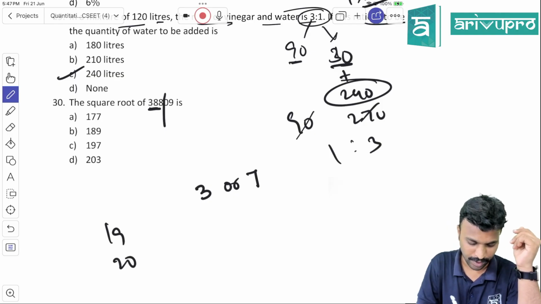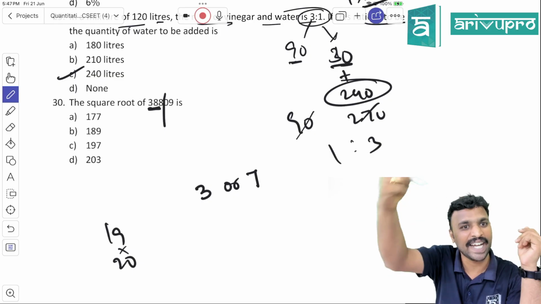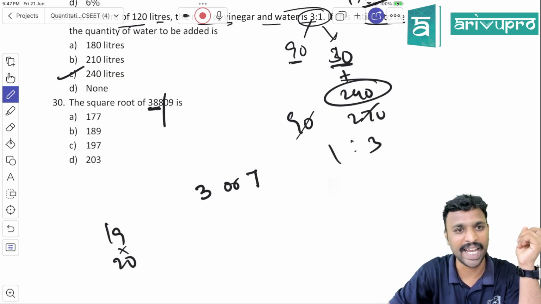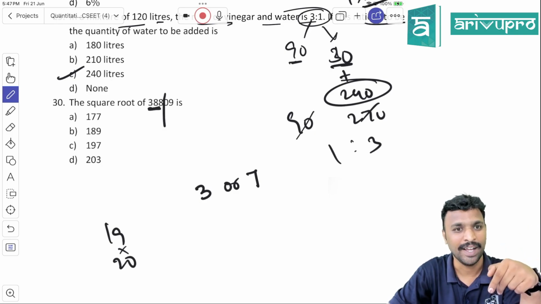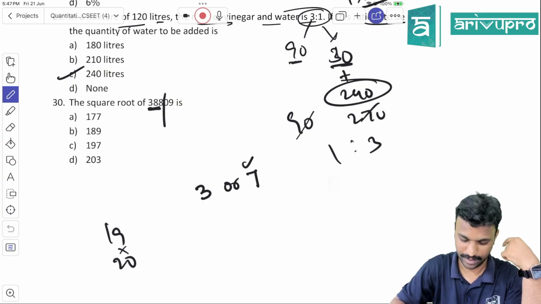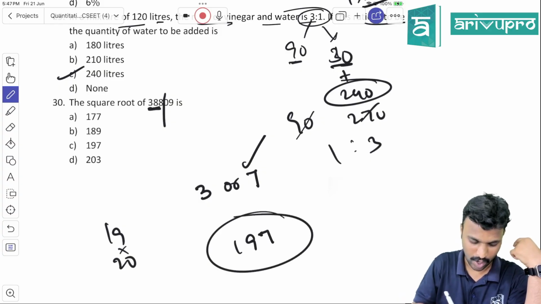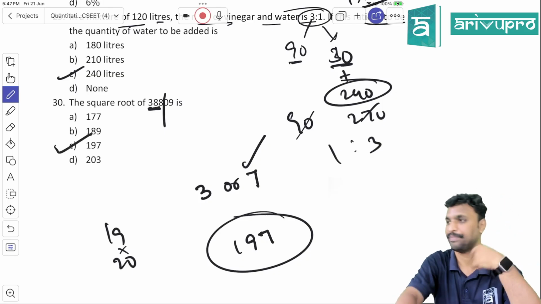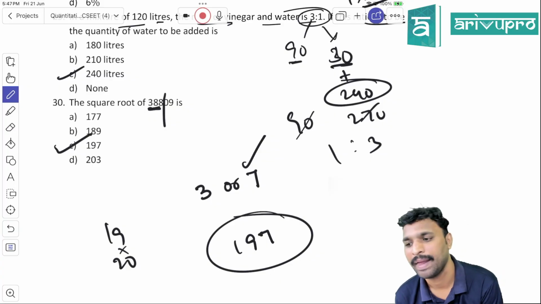Now what do we do? 19 into 20 is 380. 388 is greater than 380. Correct? So the greater number is the correct answer: 197. Option C. Everyone clear?